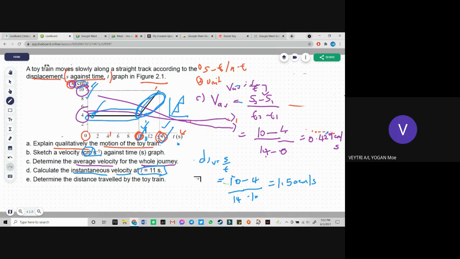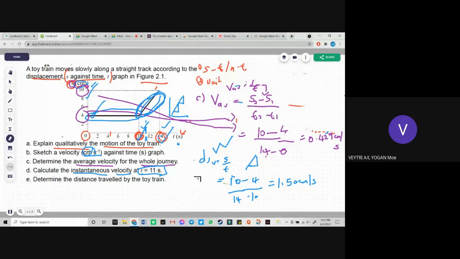Remember, graph tu penting. Kalau graph dia kekok macam ni, automatic tak boleh guna tau. Unless the graph dia linear, then you can use. You can buat logical assumption atau rational assumption that a graph of linear, gradient dia dekat mana-mana pun sama. Okay? Itu untuk D. Now, last question.